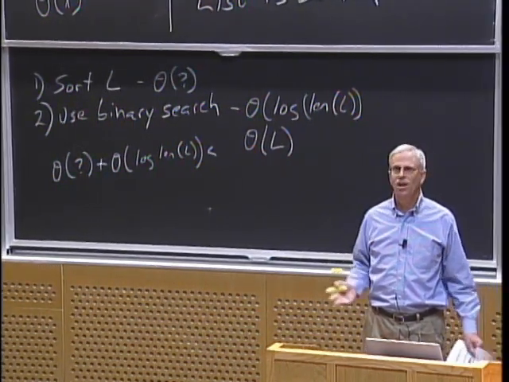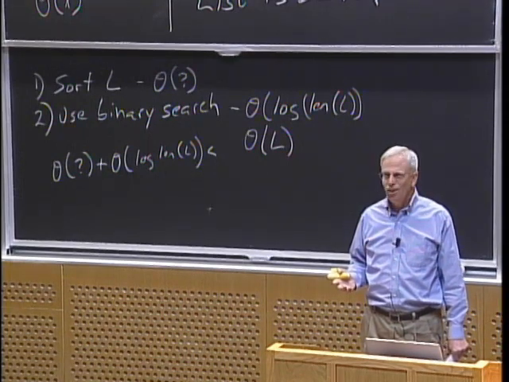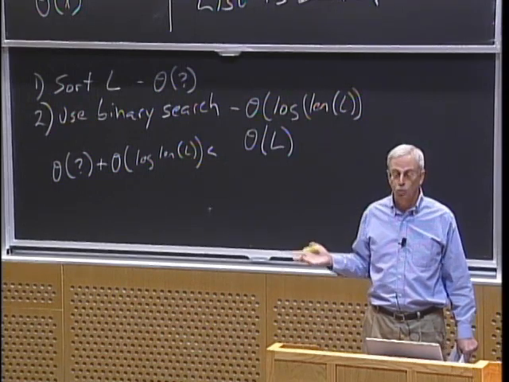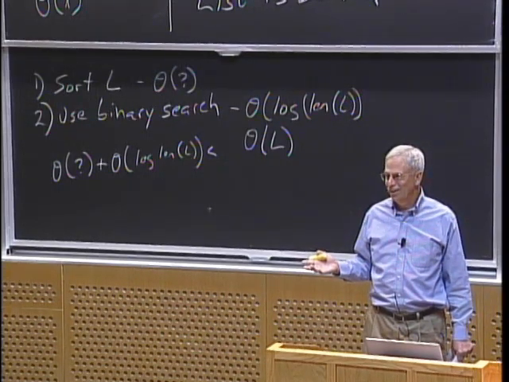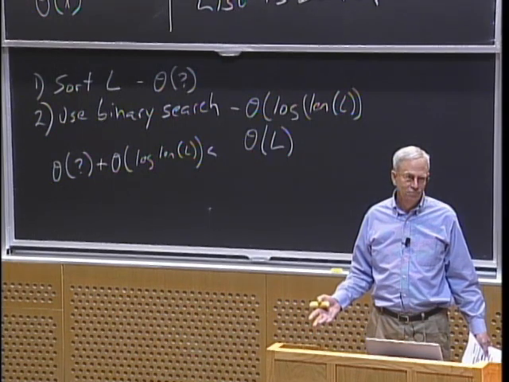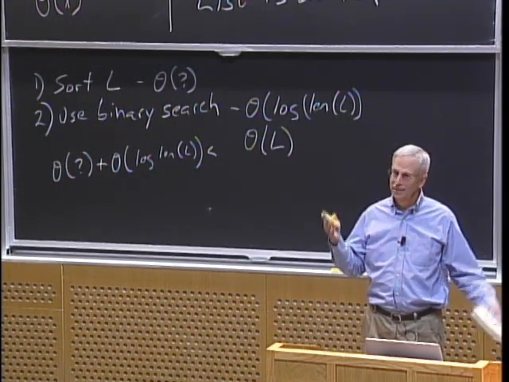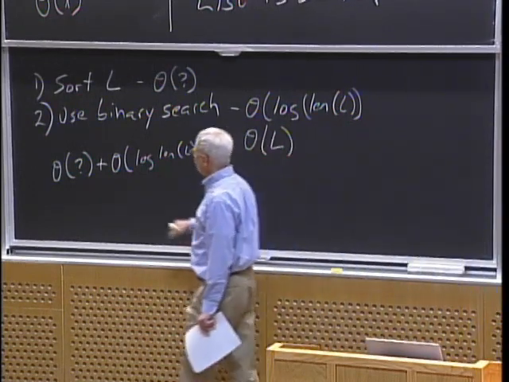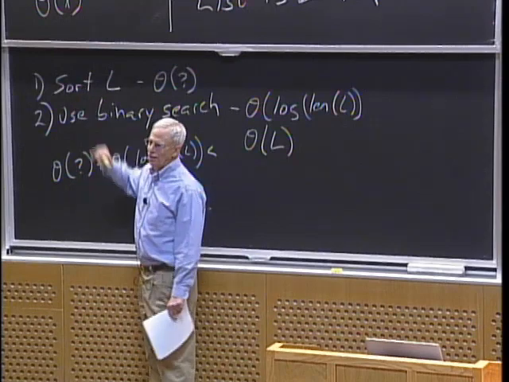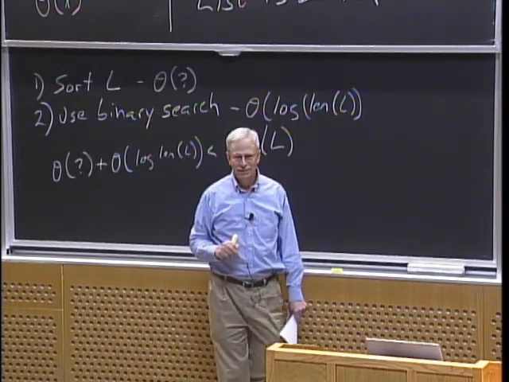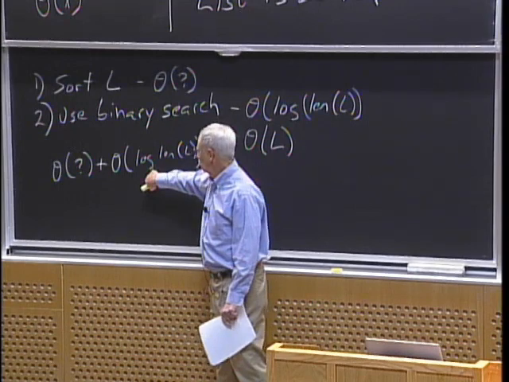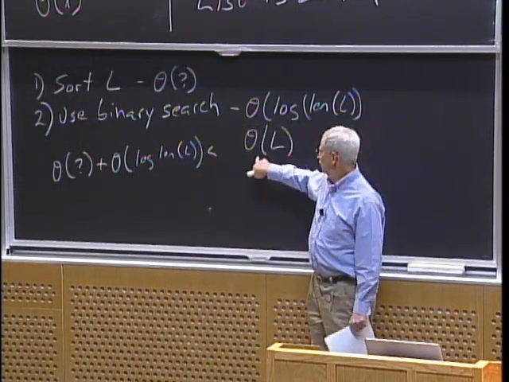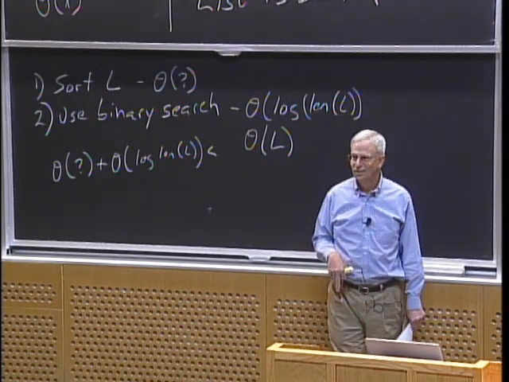And if you think of it, that makes a lot of sense, because how can you get a list in ascending or descending order without looking at every element in the list at least once? Logic says you just can't do it. If you're going to put something in order, you're going to have to look at it. So we have a lower bound on sorting, which is order L. And we know that order L plus order log length L is the same as order L, which is not better than that.